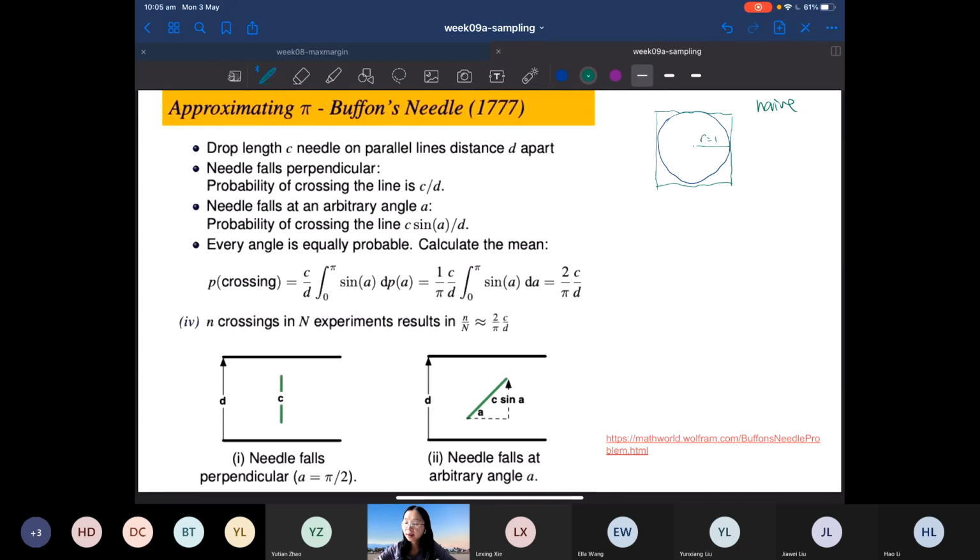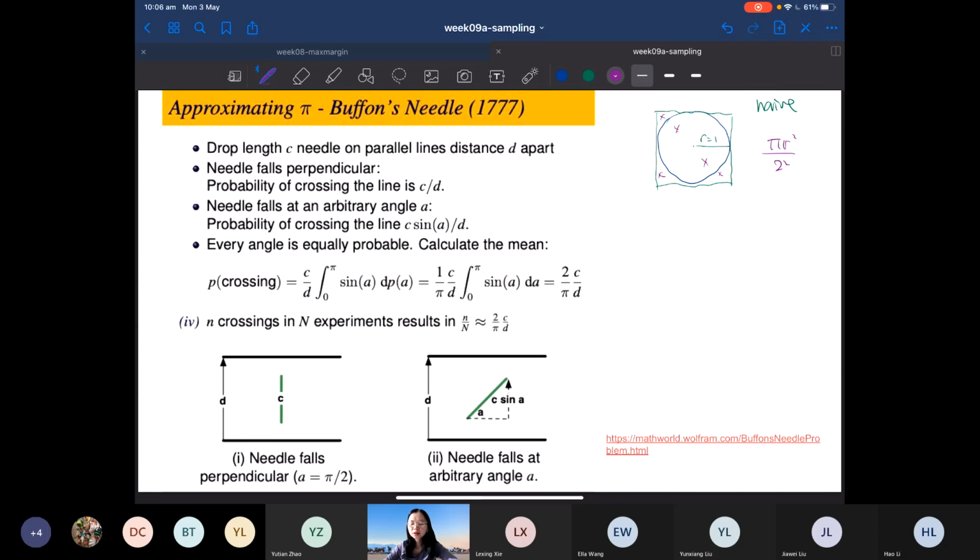Then let's say we randomly put points inside a square where the length of the sides is equal to 2. Then pi r squared over 2 squared, that is pi over 4, is the probability that these dots fall inside the circle, which in turn gives us an estimate of pi. So that's nice.